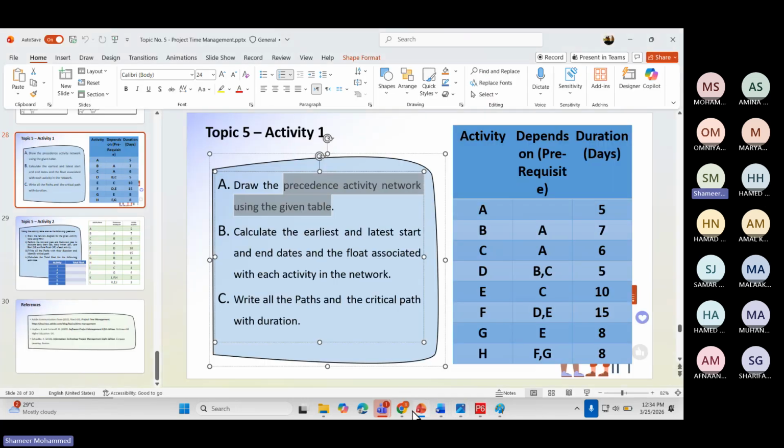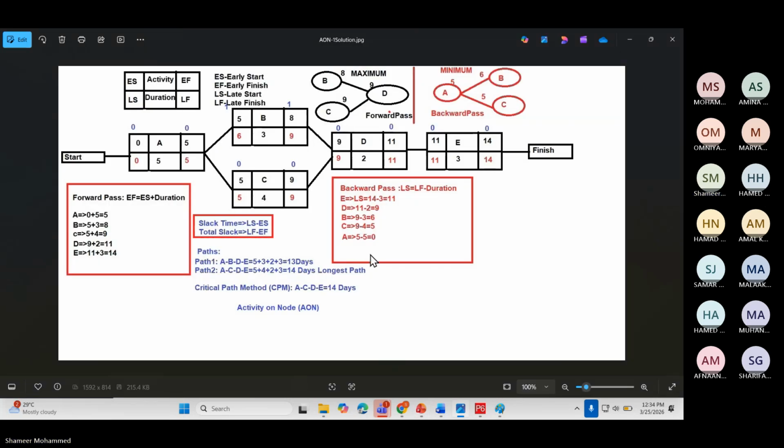You can do the exercise for these values. So the questions will be asked like this from the given table. You calculate the early start, late finish, end dates, and float for each activity in the network, write the paths, and find the critical path duration. So you have to answer like this.